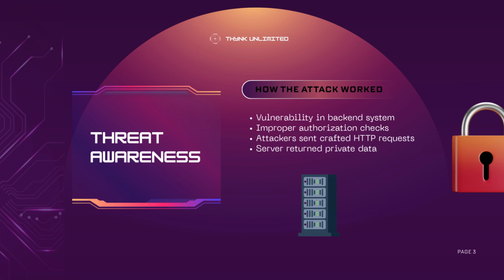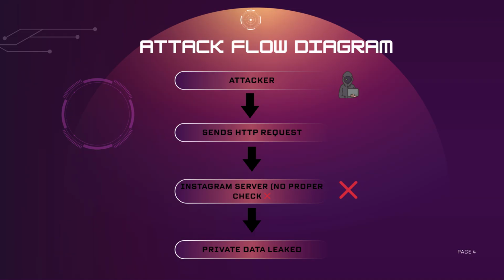Because of this missing authorization check, the server returned private post data to unauthorized users. This allowed attackers to bypass normal privacy controls of the application and gain access to restricted information. This type of attack is dangerous because it directly targets the backend, which is a critical component of any web application.